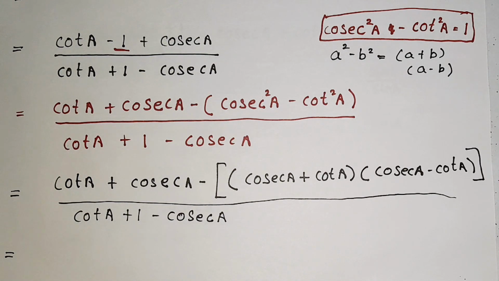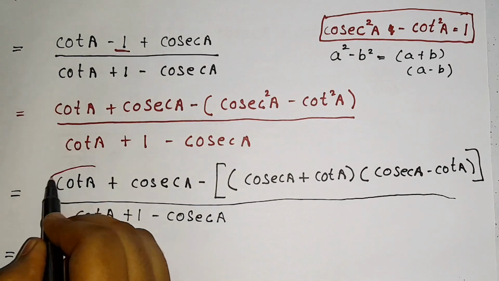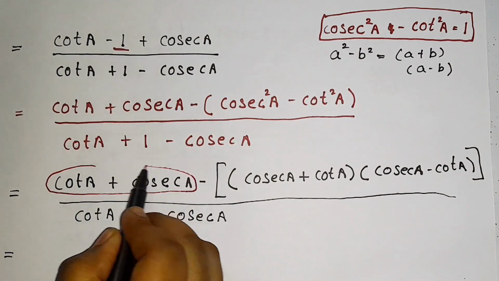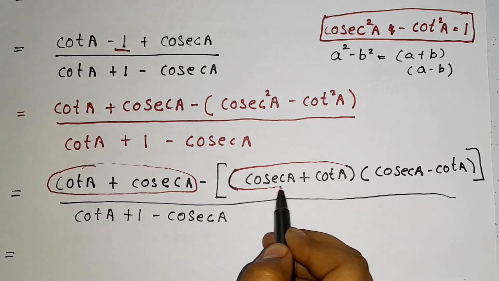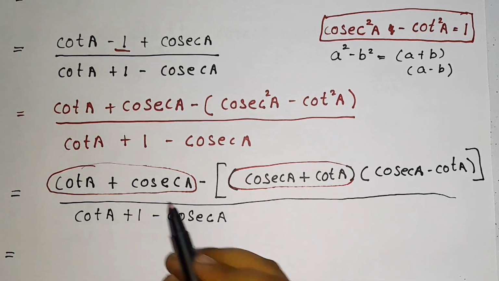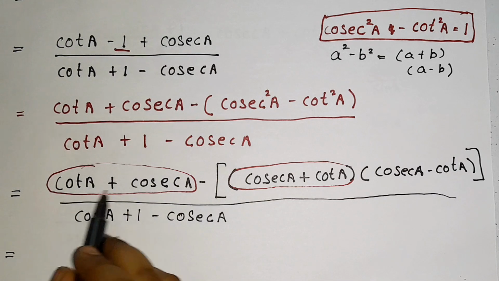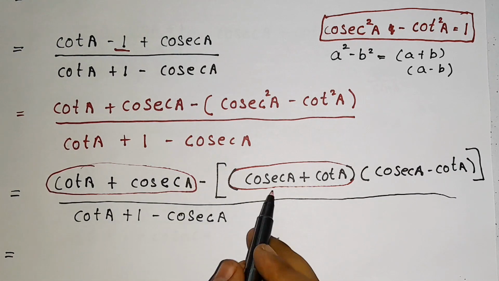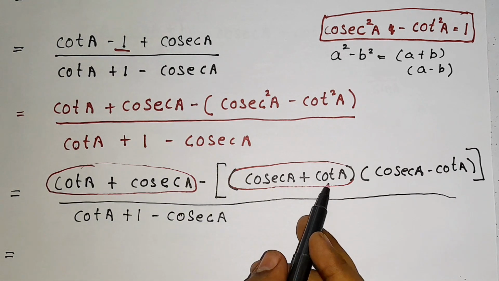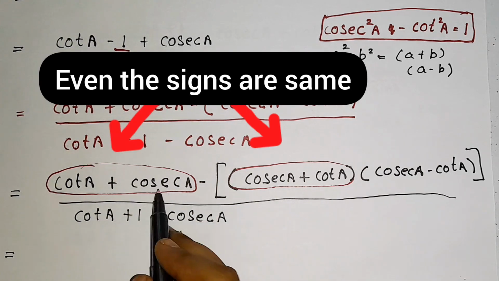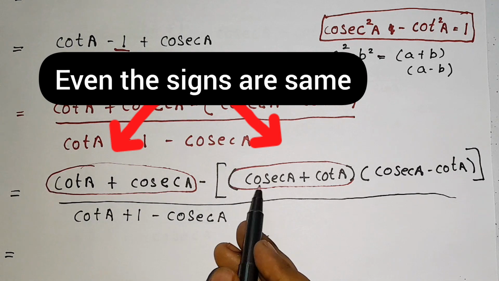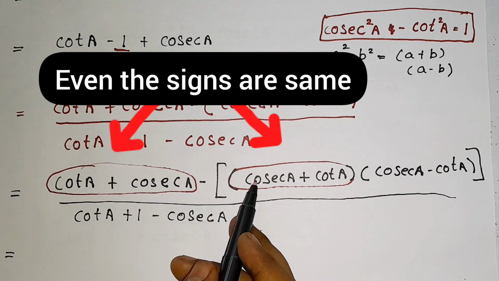So when you look at it carefully, here this value, that is cot A plus cosecant A, and here also cosecant A plus cot A. So they both are same, isn't it? Here the cosecant A is first and the cot A is in the last, but that doesn't matter. They both are similar, so I am going to take it as common.